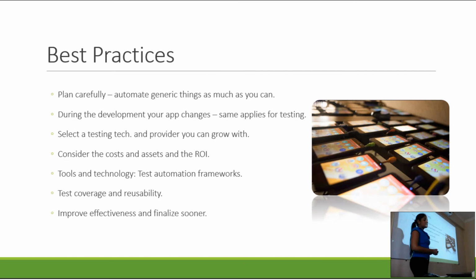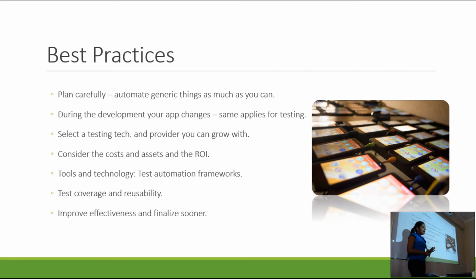And some of the best practices. If you're hoping to move on to it, plan carefully what you're going to do. We are still in the very early stages of doing this, but we have identified that it is possible and we can move on with it.